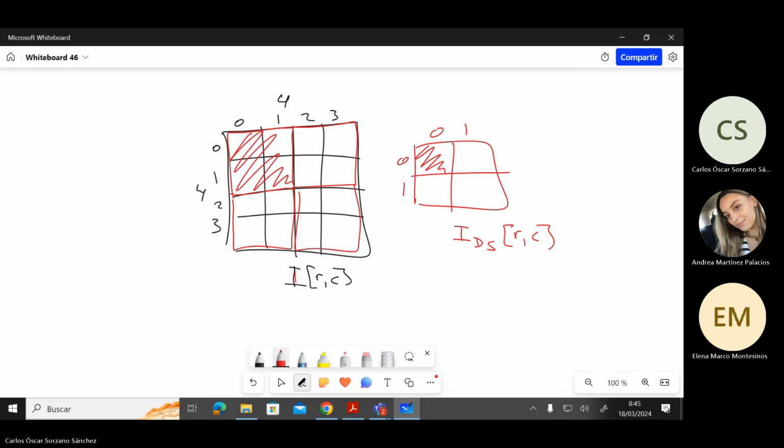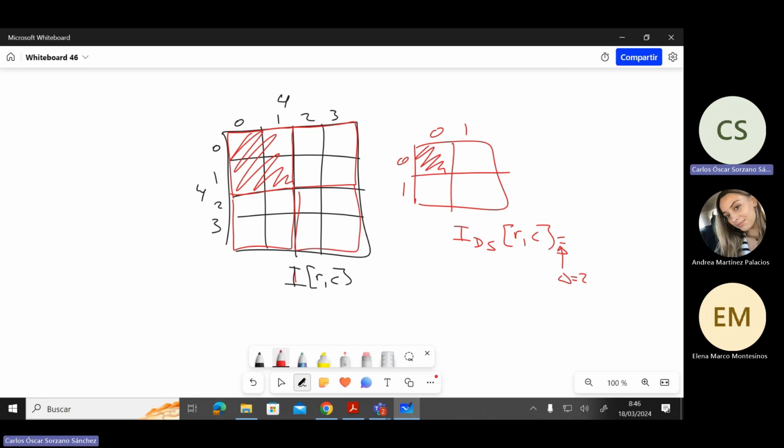Let's say that I'm doing a downsampling by a factor of delta. In this example, we are taking 2 by 2 squares and producing a new image, so it will be this average.